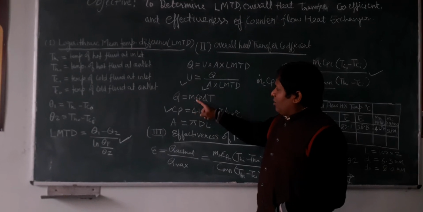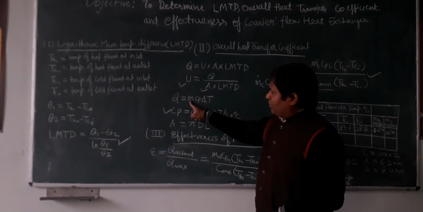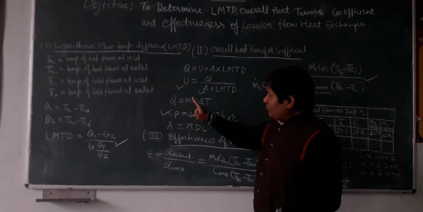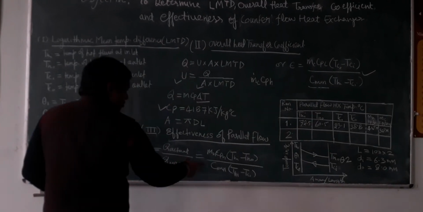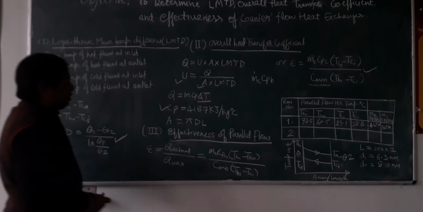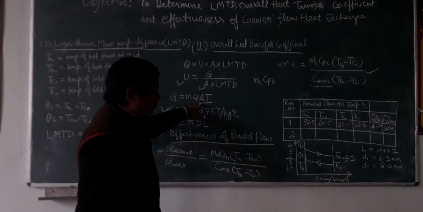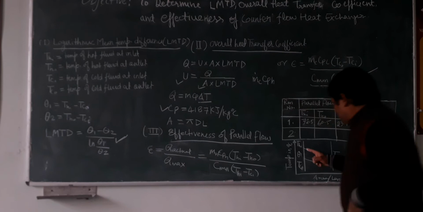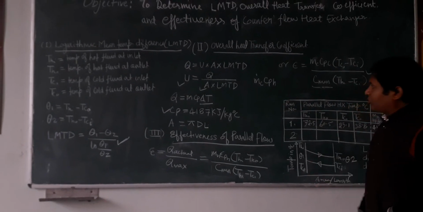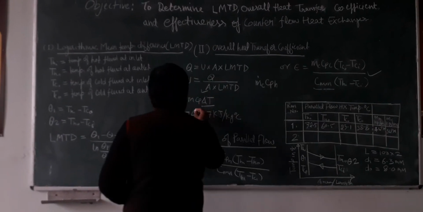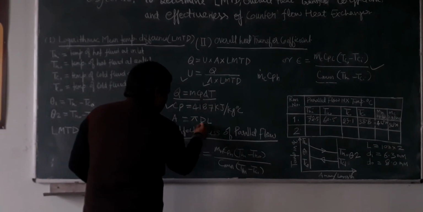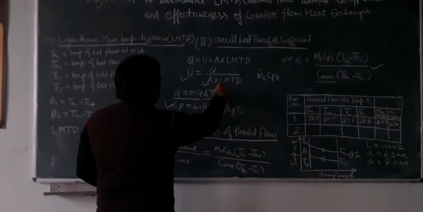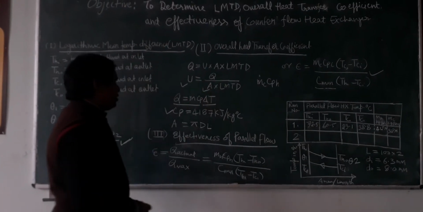When you take the mass flow rate of cold fluid, you have to take the temperature difference of the cold fluid. Now by calculating Q and putting in the area, you will get the overall heat transfer coefficient.